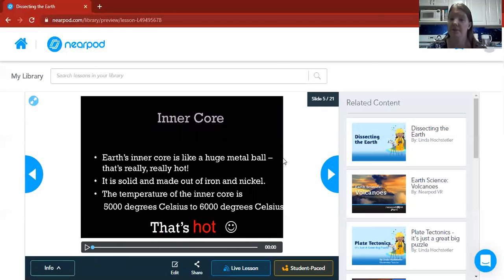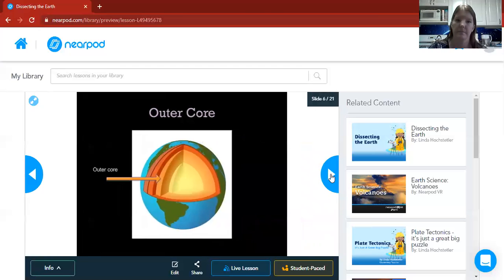That's an option if you want it to be read to you. It says Earth's inner core is like a huge metal ball that's really, really hot. It's solid and made of iron and nickel. So remember, the inner core is the layer of the Earth that's made out of metal, and it's really hot.